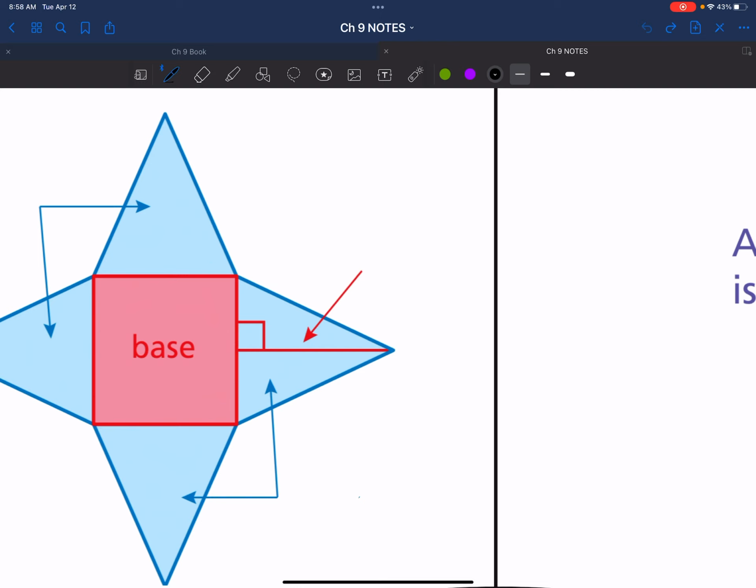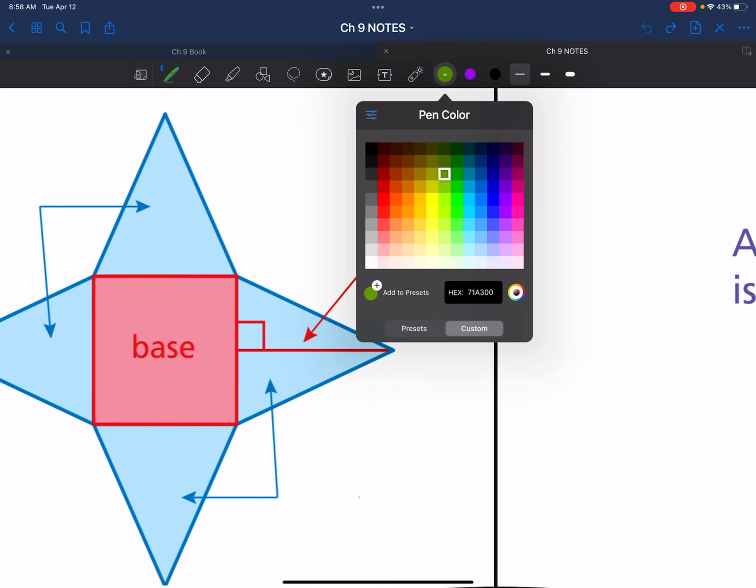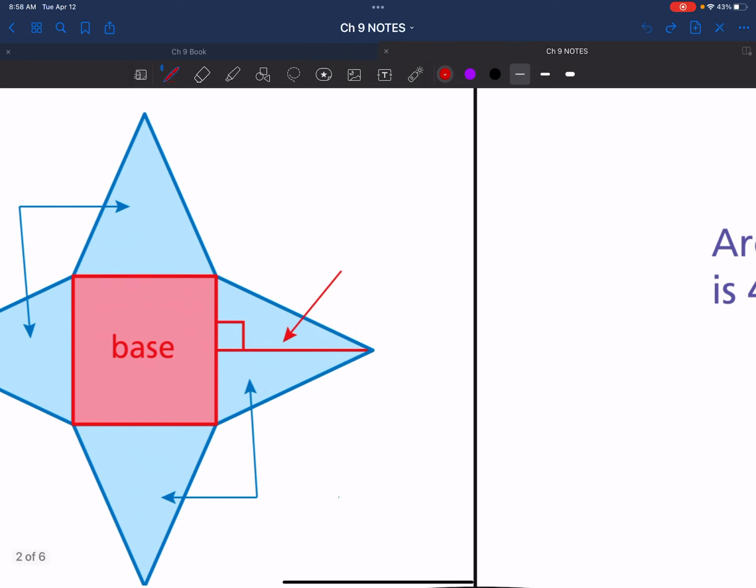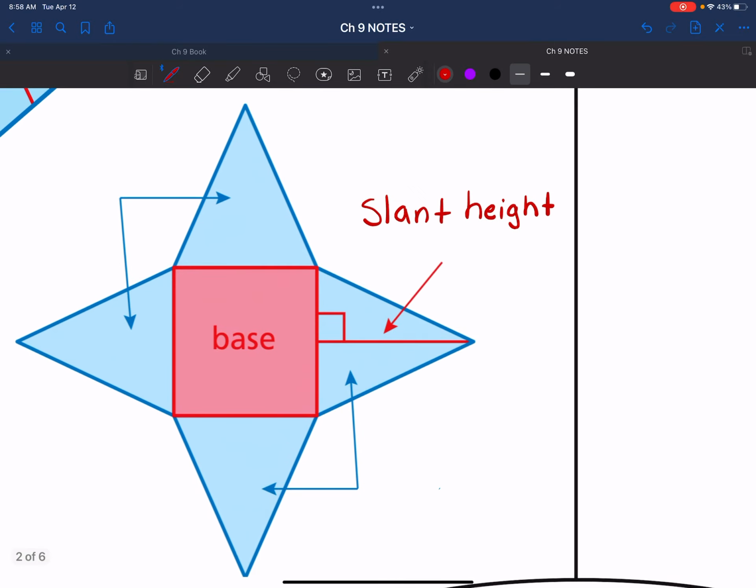So I've got, this was the slant height. We just said that. I'm going to grab a red real quick. Slant height. Okay? So slant height is that red line when you fold it out. And now let's talk about the blue triangles.